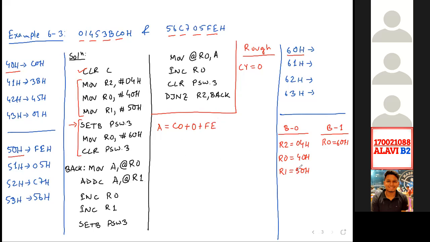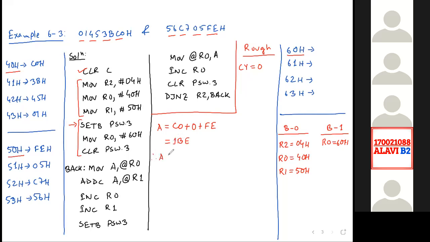We see R1 contains 58. We'll go to the location 58. What is the number? FE. That will be added. So if I add these numbers, what is my result? Tell me what is my result? So 1BE. Exactly, 1BE. Okay, this is the result that I get.